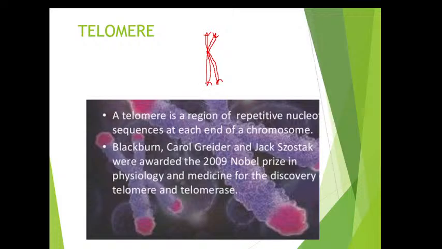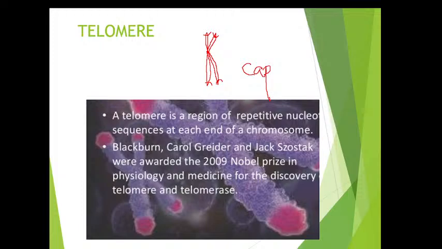The DNA sequences found at the ends of eukaryotic chromosomes are called telomeres. They are called the cap of the chromosomes, and they are required for the stability and replication of the chromosomes.